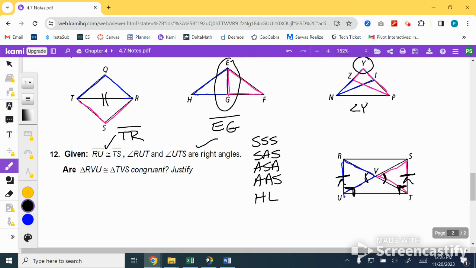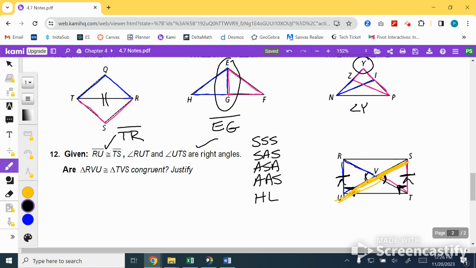So because I have parallel sides, I can then find a pair of alternate interior angles. So these 2 lines are parallel, RU and ST, and I'm going to take a look at the diagonal SU. I'm going to look at this one right here. See that?